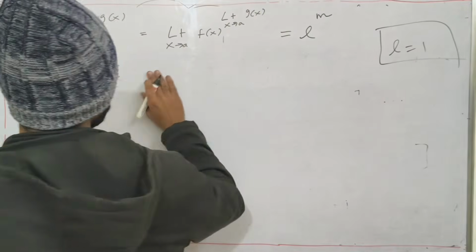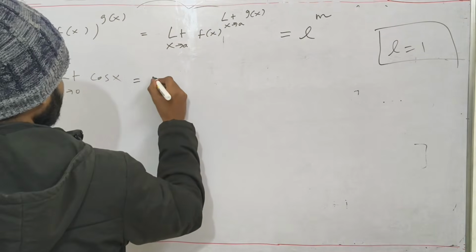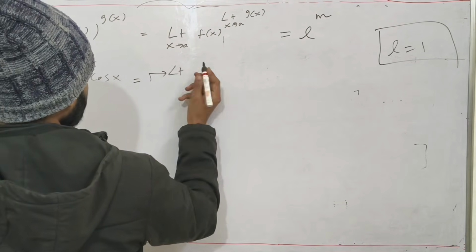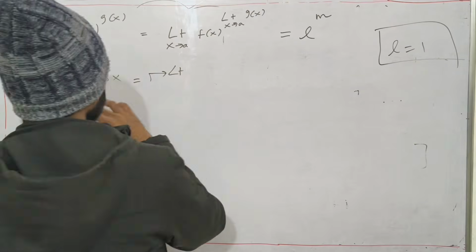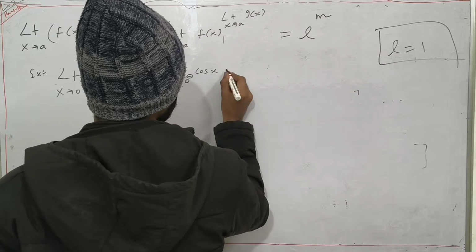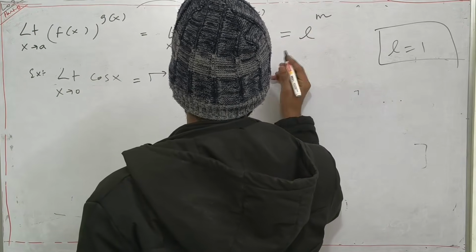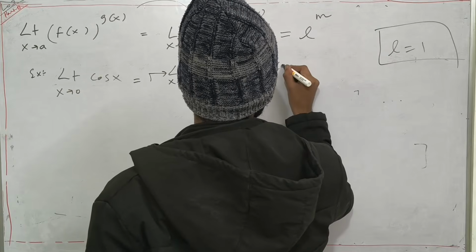Let's find the left hand limit again. Limit x tends to 0 minus of cos x equals limit h tends to 0 of cos of 0 minus h.